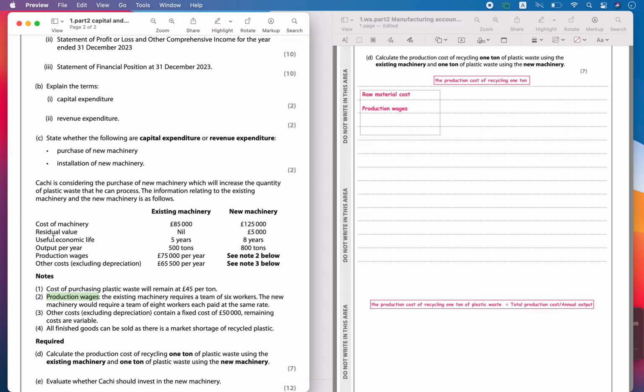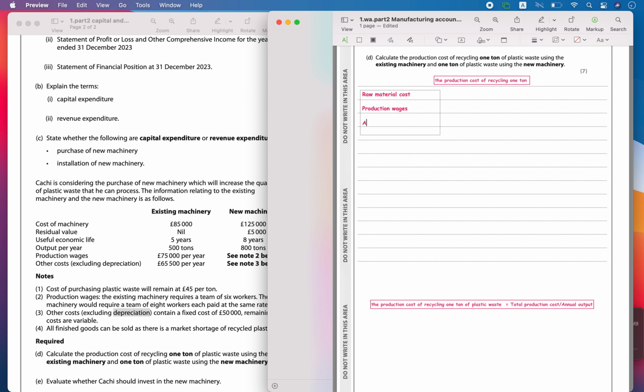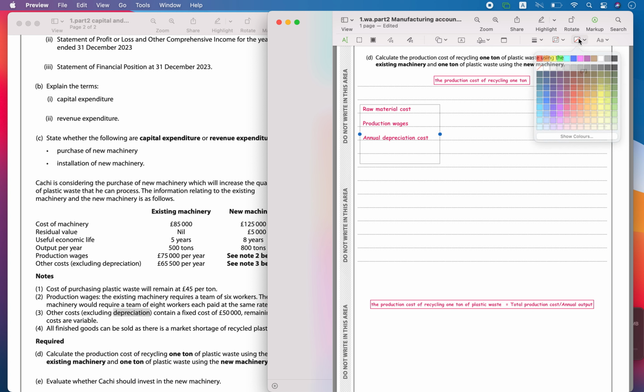Then I have machinery, so I need to calculate depreciation, the annual depreciation cost. It's an expense.